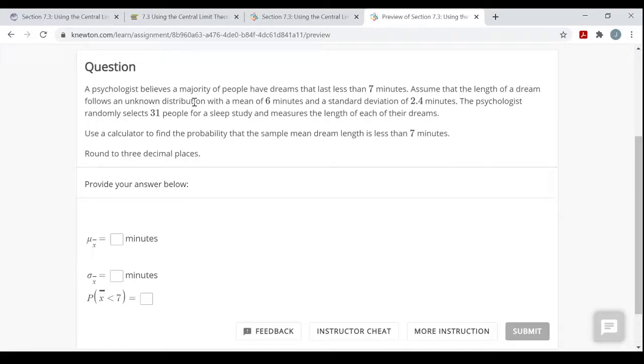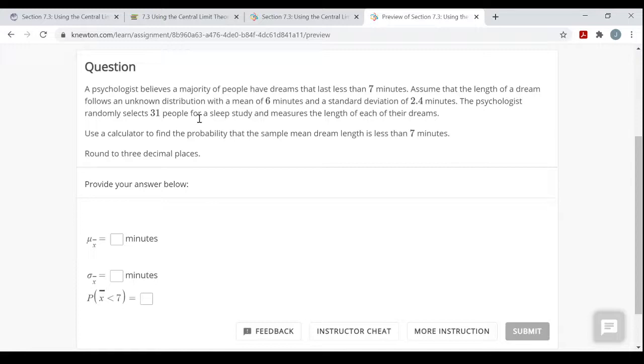So say x represents the length of a dream, and the mean of that population is 6 minutes, so that's mu, and standard deviation 2.4 minutes, that's sigma. The psychologist randomly selects 31 people, so this is n, and notice it's a size large enough to where the central limit theorem will apply. It's 30 or greater, because the original population had an unknown distribution.